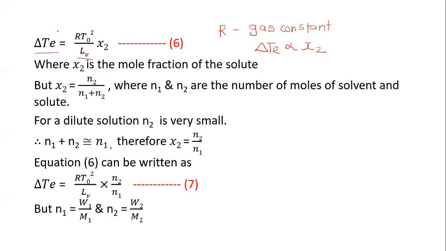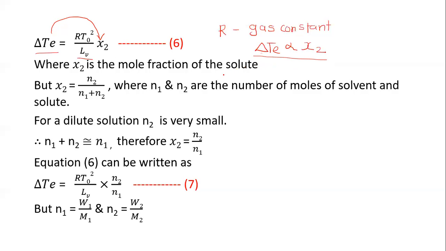It means that if the value of x2 is large, delta T is large, or if x2 is small, delta T is small. So elevation of boiling point of a solvent is directly proportional to the mole fraction of the solute. This is the thermodynamic relation between the elevation of boiling point of the solvent and the mole fraction of the solute.